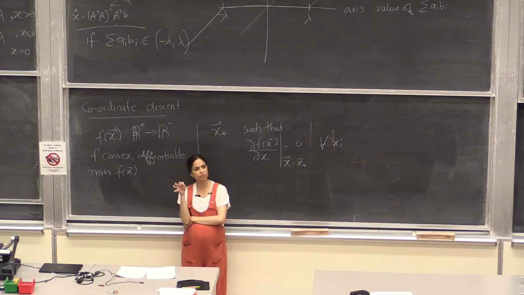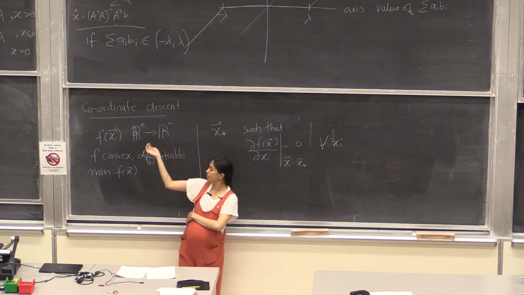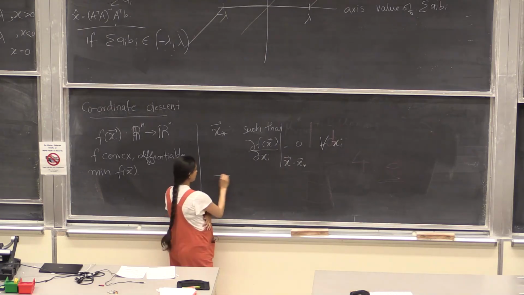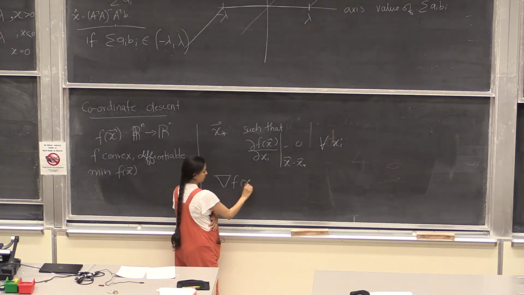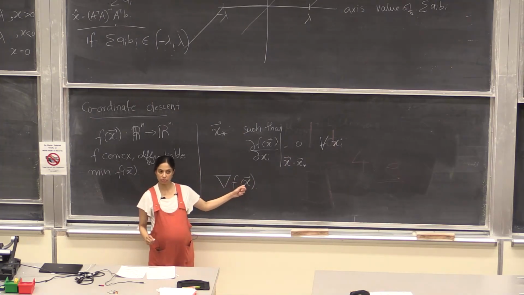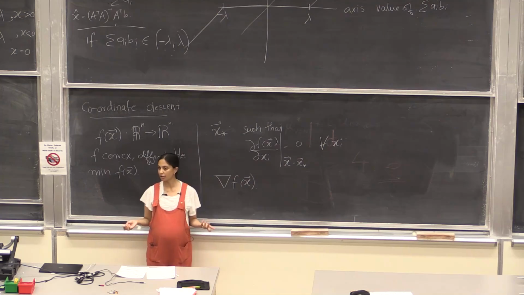If I just minimize my function coordinate by coordinate, does that mean I've found a global minimum? How could I know if I have a differentiable and convex function? How would I know if I had a global minimum? I would look at the gradient of f of x. If the gradient of f of x was 0, I could say I had a global minimum.